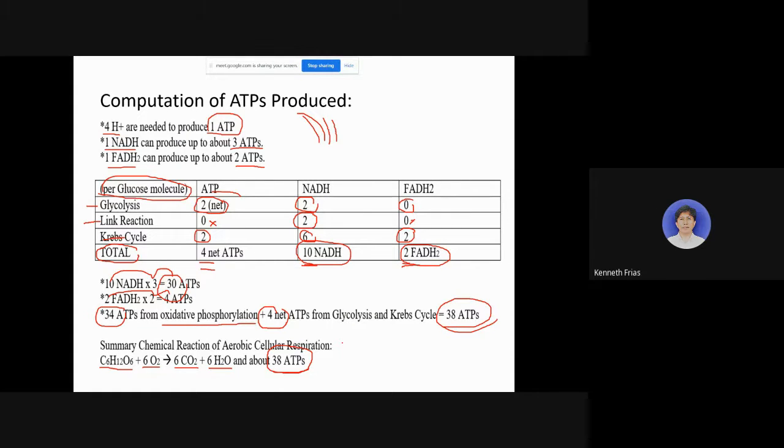Some literature says that there's a reduction in ATPs because, I've read, in order for the ATP to go out of the mitochondrion and be used by the cell, there is a need for the consumption of two ATP, so that will reduce 38 to 36. So it really depends on the literature or the references. But it's about 30, 32, 34, 36, or a maximum of 38 ATPs produced in the process.